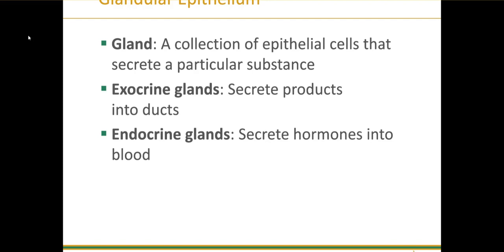So you have the layer, and then you have the function and the location. So for example, you have a simple squamous epithelium. That's a single layer of flat scale-like cells.